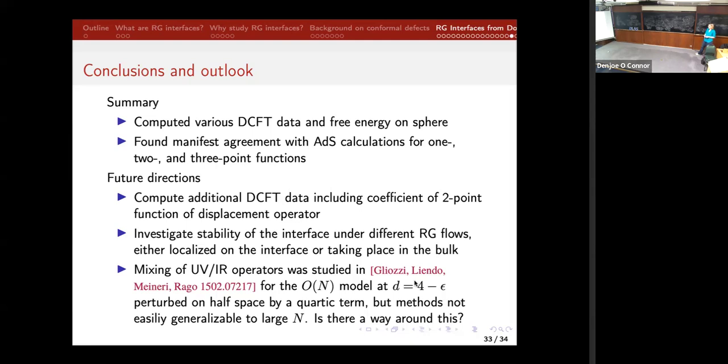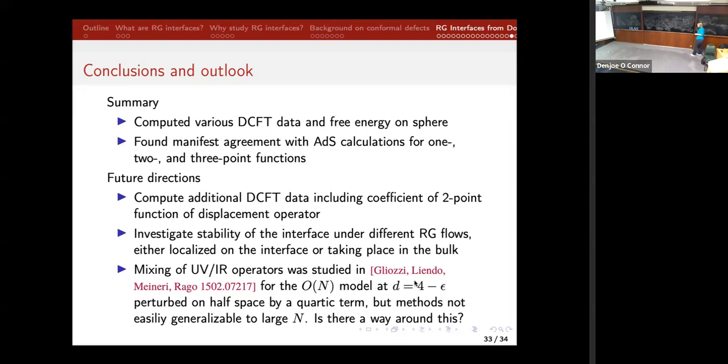You still have this displacement operator, which is conserved. Another thing is to investigate the stability of the interface under different RG flows, either localized on the interface or taking place in the bulk.